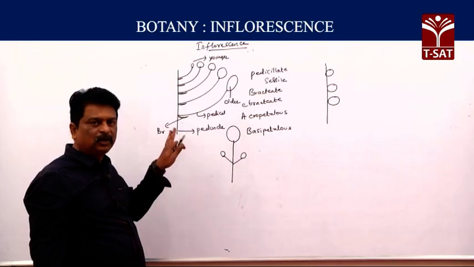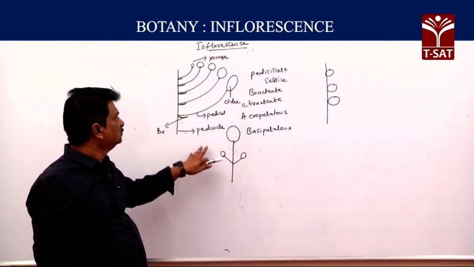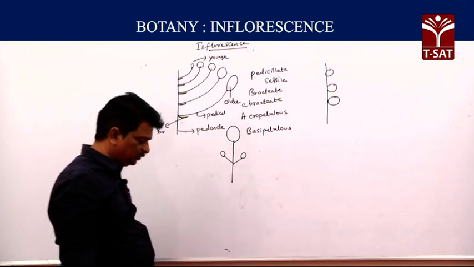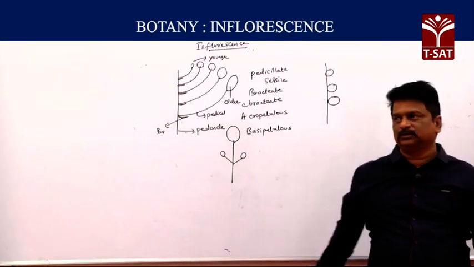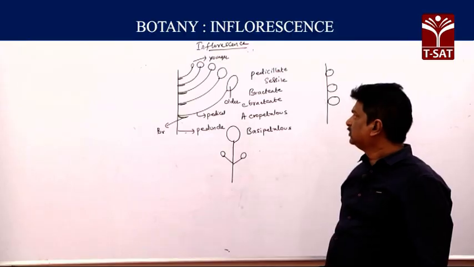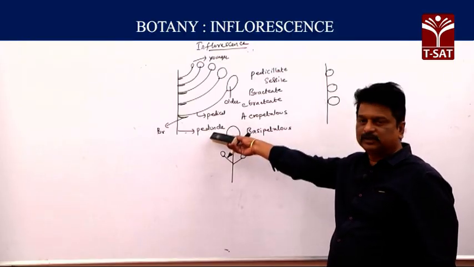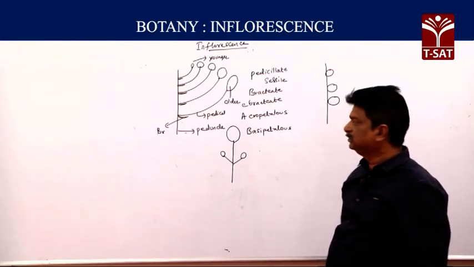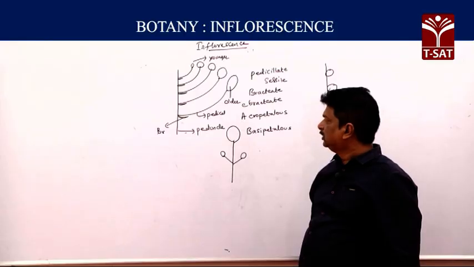you have to learn by heart, or at least read, these terms. First, inflorescence means a cluster of flowers borne on a common stalk. The stalk of the inflorescence is called a peduncle. The stalk of a flower is called a pedicel.